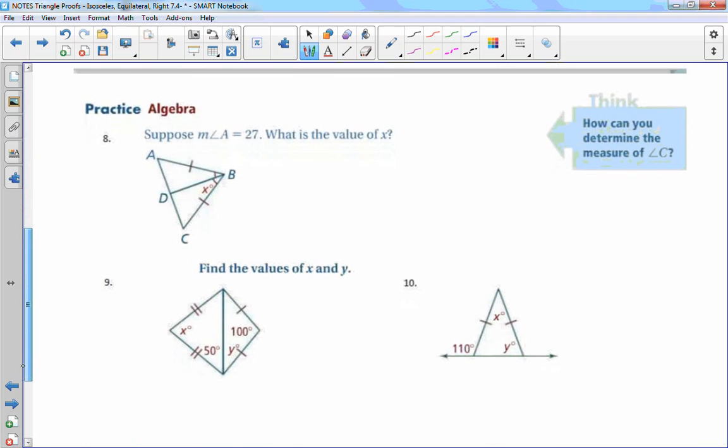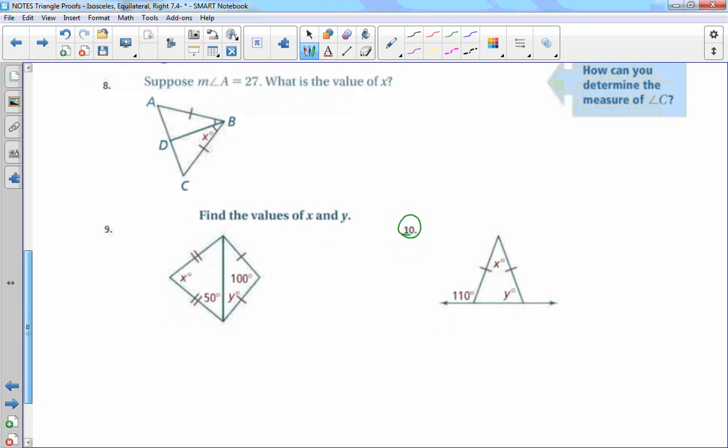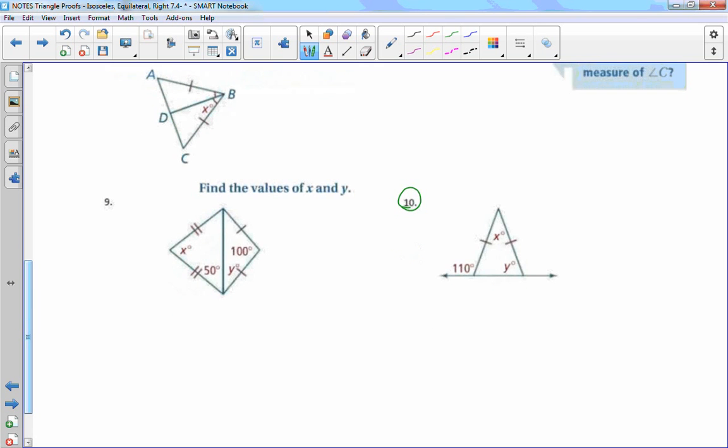Okay, we're just going to do a couple of these. Let's start with number 10. Find the values of x and y. Second, what do you notice on this picture? Okay, what kind? And how do you know it's isosceles? It just works that way? Yeah.